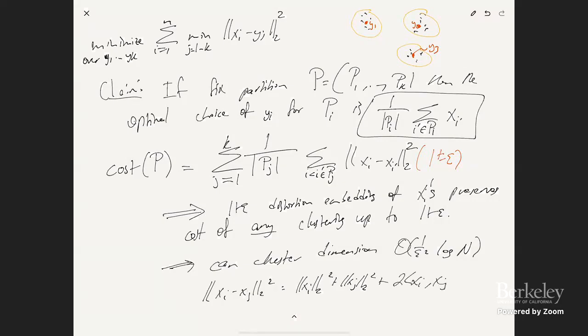So moving this around, and say they're unit norm vectors, xi dot xj is equal to 1/2 times (2 minus the L2 norm squared of xi minus xj). So if I'm able to approximate the L2 distances, which I can get from JL, I can estimate the dot products. Okay, so I can use JL to do this.